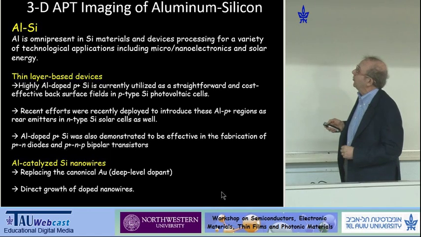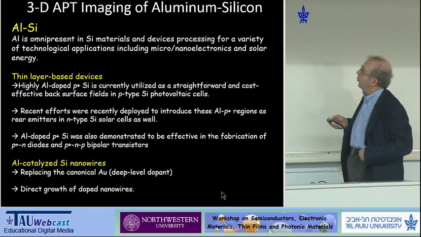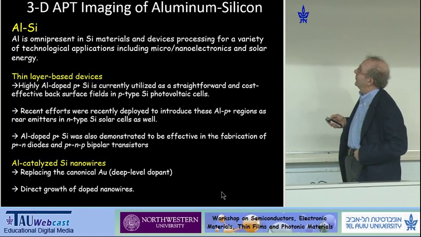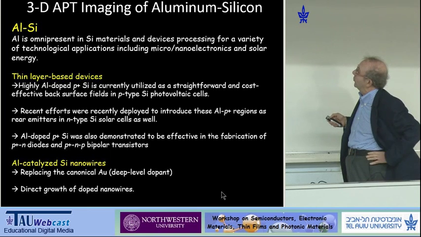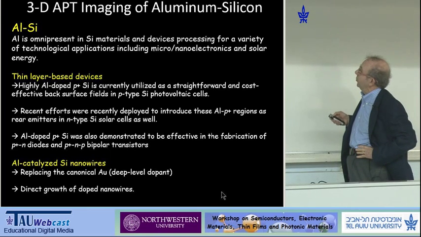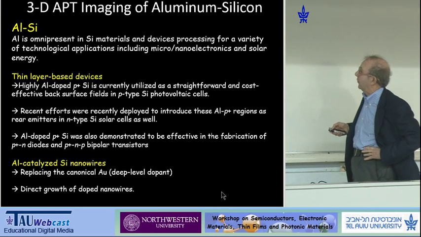Why aluminum and silicon? First of all, aluminum is very common in silicon materials, and it has applications. One of them is silicon photovoltaic cells, and also people have created aluminum P+ regions in the rear of N-type silicon cells.